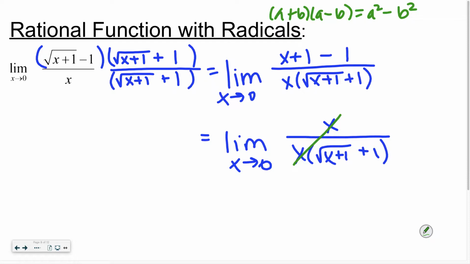So now using direct substitution, we have 1 in the numerator, and when we plug in 0 to our denominator, we get square root of 1 plus 1, which is 2.